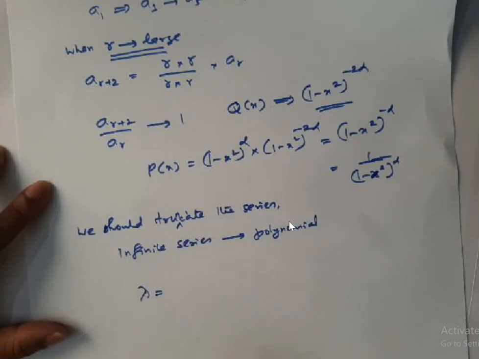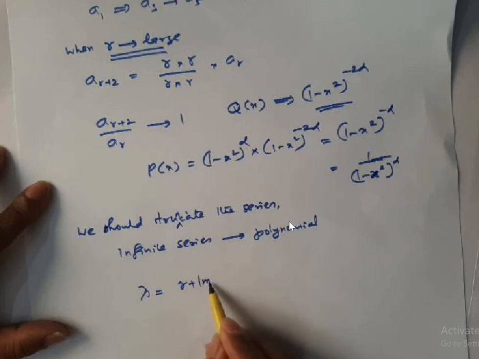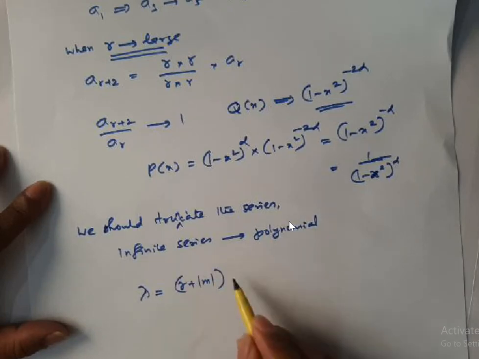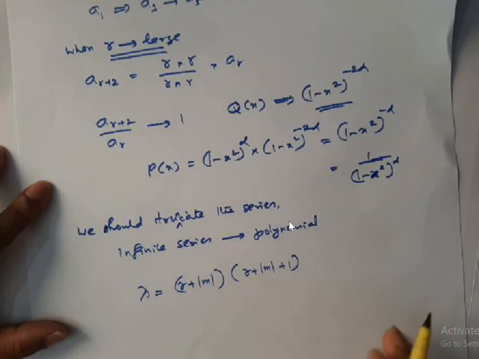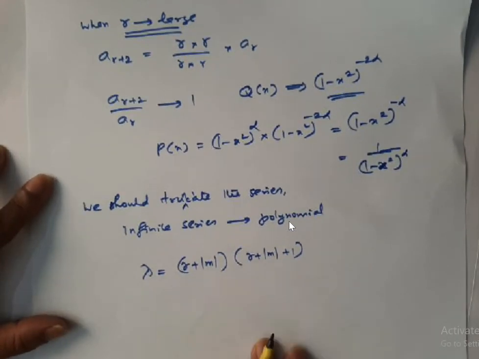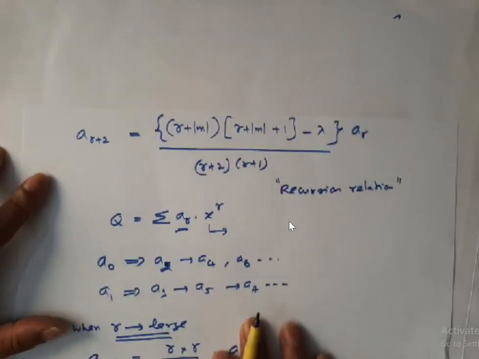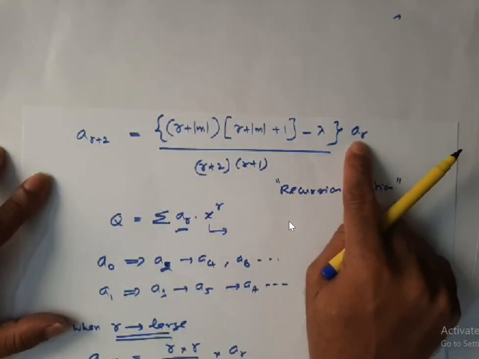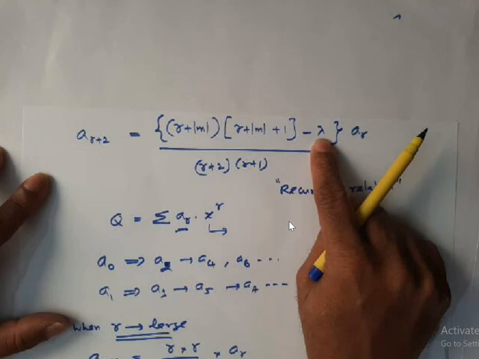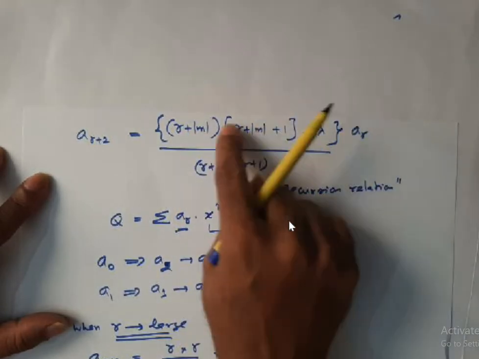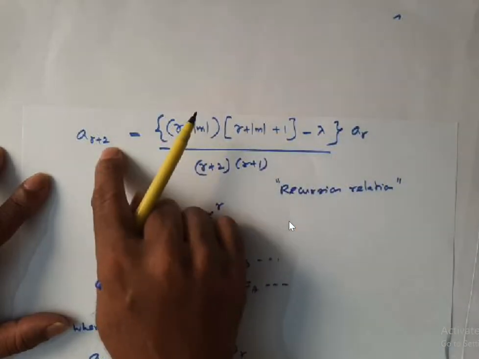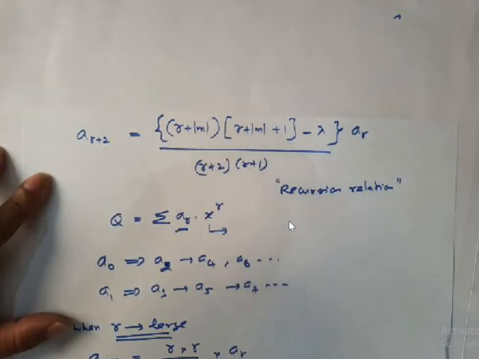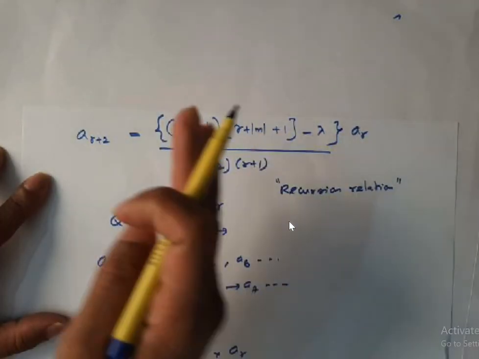Let me define lambda as, let's say, lambda equal to (r plus m) into (r plus m plus 1). Let me define it like this. If lambda is this, what will happen? In this recursion formula, after the term a_r, if lambda becomes equal to this, then this minus this becomes 0.